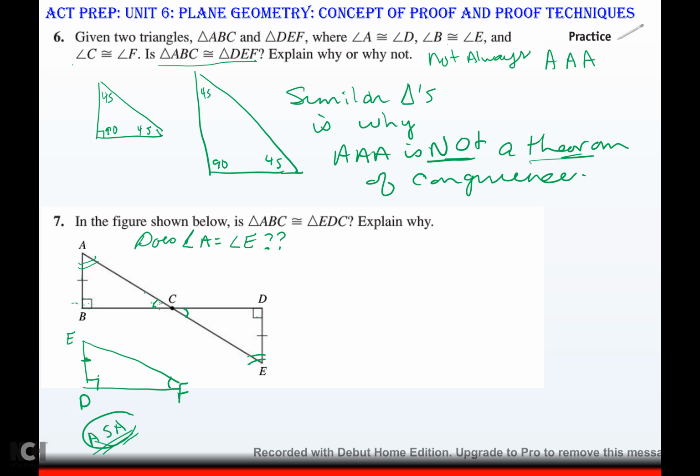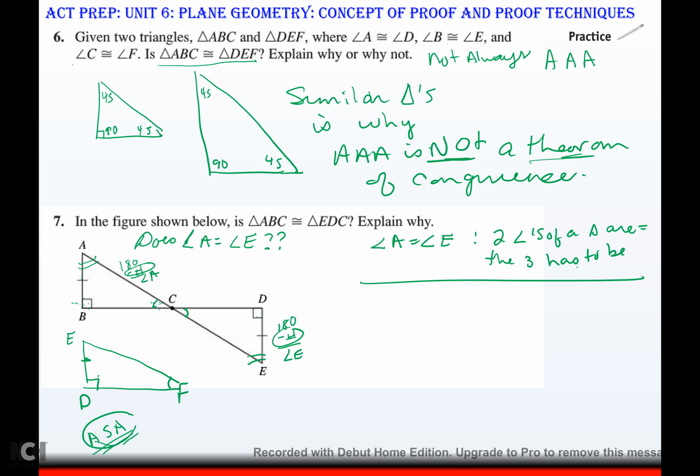And when you subtract the same amount from 180, and 180 minus the same amount on this one, is going to give me that angle A is equal to angle E, because you're subtracting the same amount off. Okay? So now I can say that angle A is equal to angle E, because if two angles of a triangle are equal, the third has to be. I mean, you could say that better. I'm kind of doing an impromptu proof here.